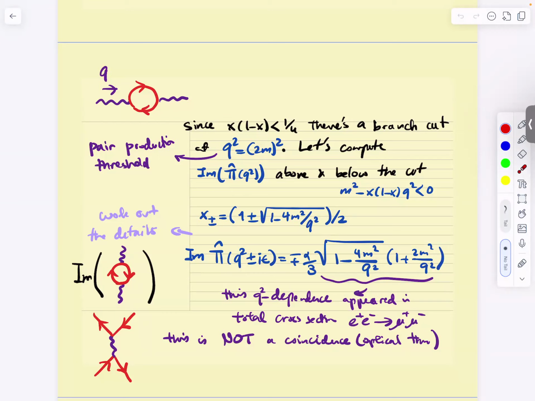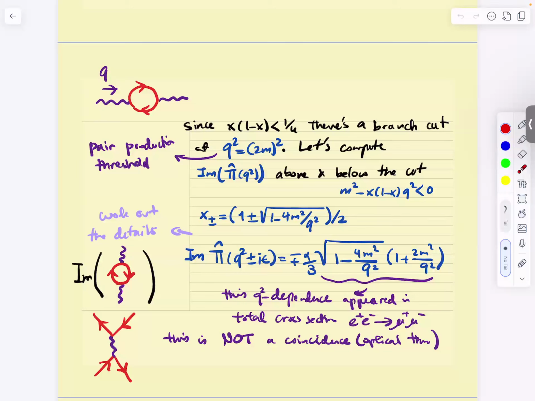All right. What happens is that it's no longer real anymore. Right? There will be an imaginary part. So let's calculate the imaginary part. This is the branch cut. What we're going to do is calculate the discontinuity.